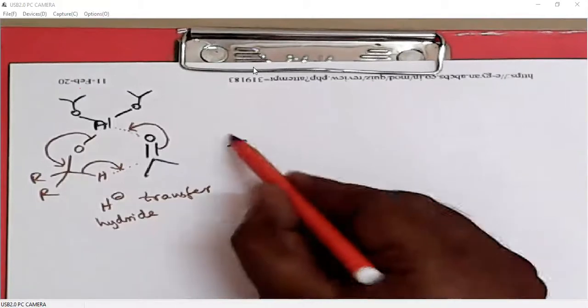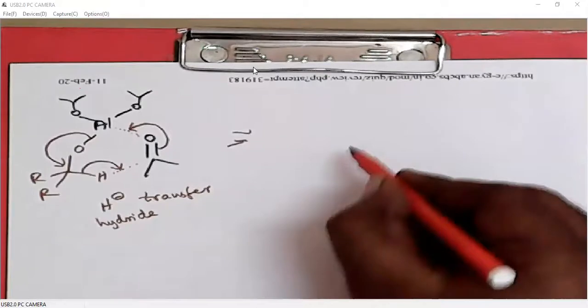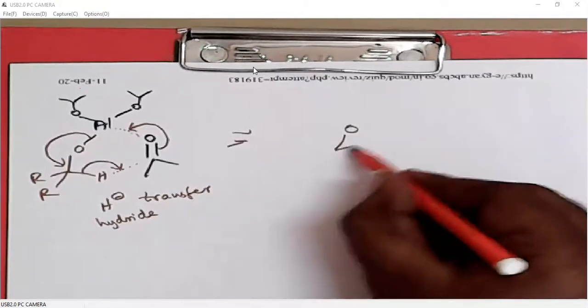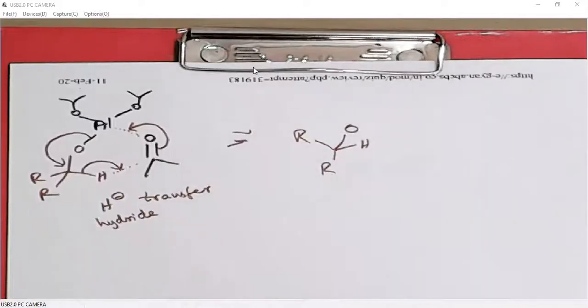I can also show it in a chain transition state, because when we explain the chain transition state, it will be easy to understand. So we can explain this in the chain form also.